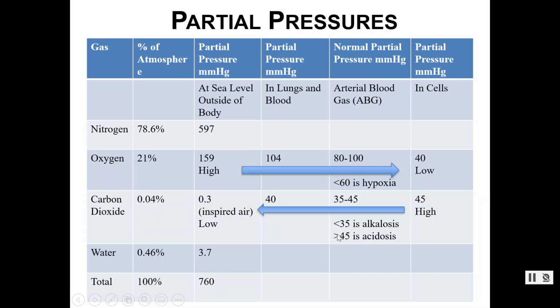If we have greater than 45 millimeters of mercury for carbon dioxide in your arterial blood, we consider that to be acidosis. So your blood pH gets too low. Carbon dioxide directly affects the pH of your blood. So having too much or too little carbon dioxide can result in alkalosis or acidosis.